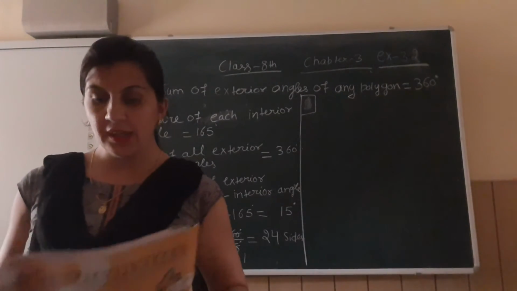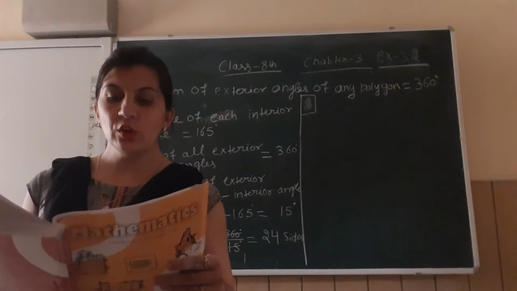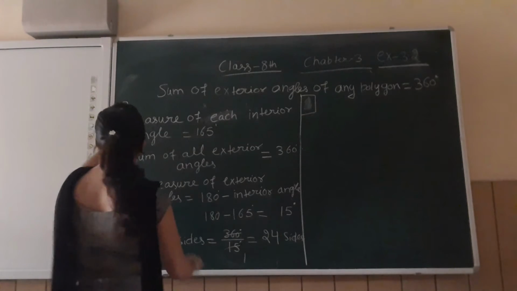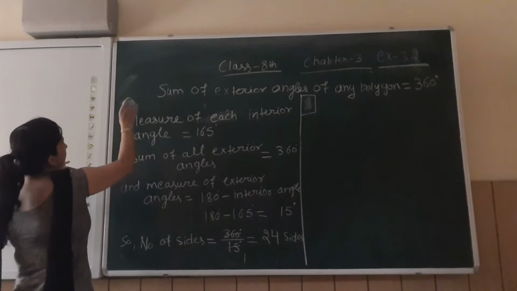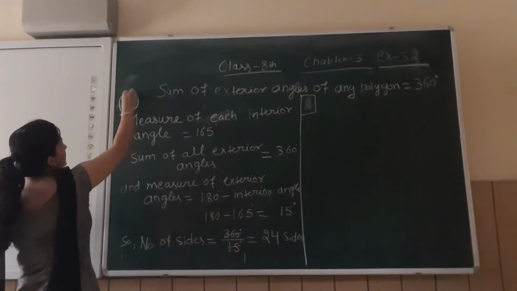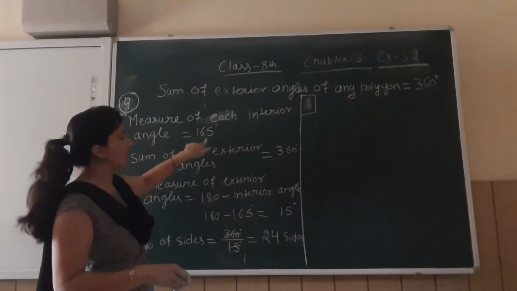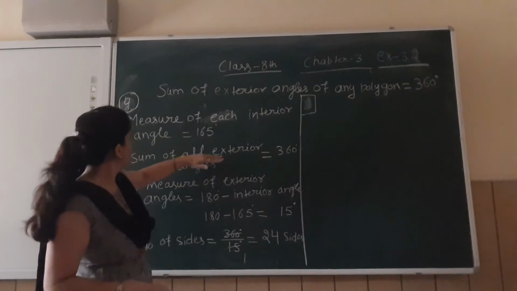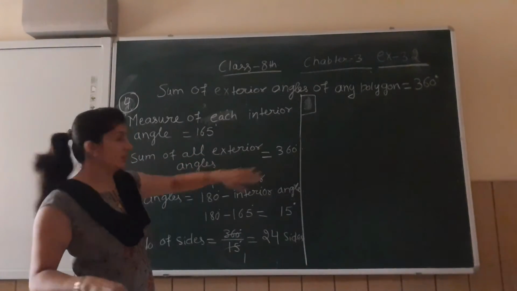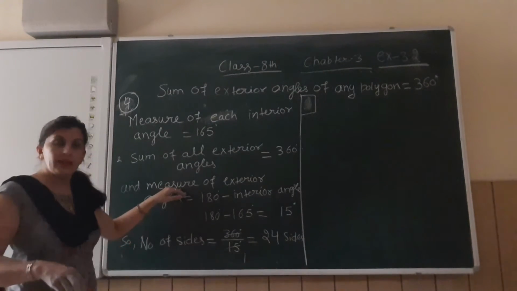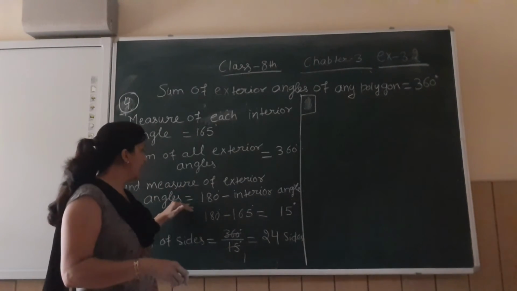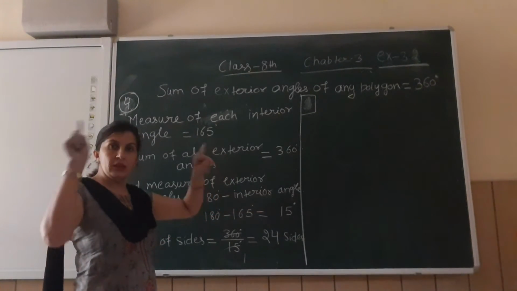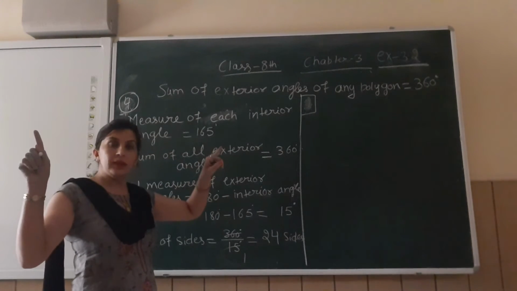In the next question, the fourth question, they ask how many sides a regular polygon has if each interior angle measures 165 degrees. They are talking about the interior angle, and we know the sum of all exterior angles is 360 degrees. So we have to find the exterior angle. The exterior angle will be 180 minus the interior angle, because the interior and exterior angles make a linear pair.